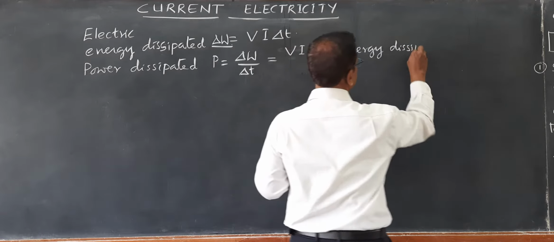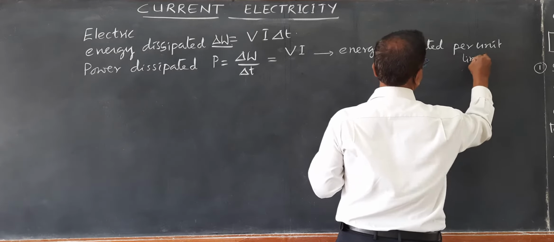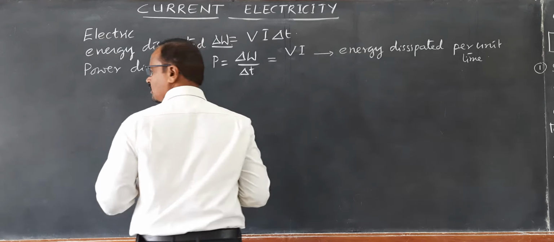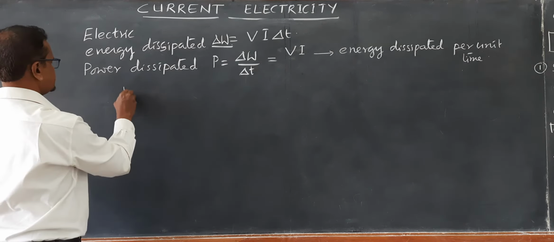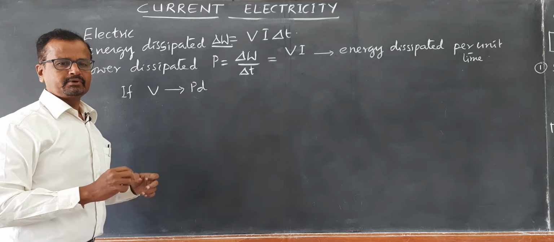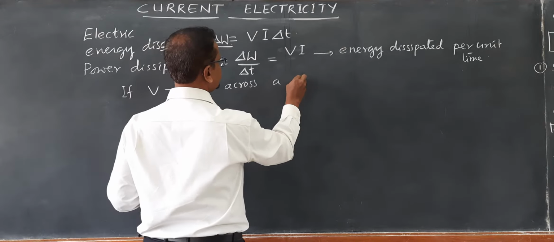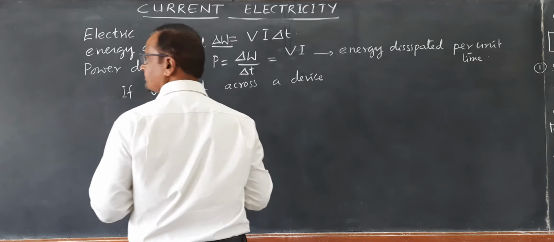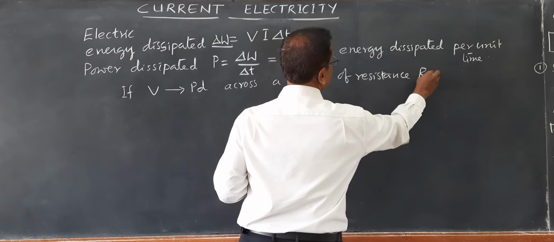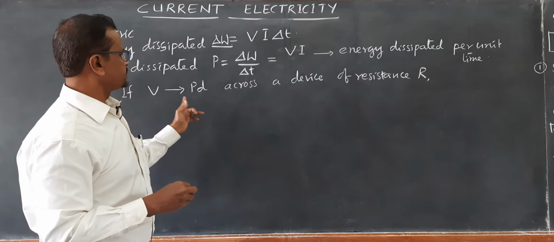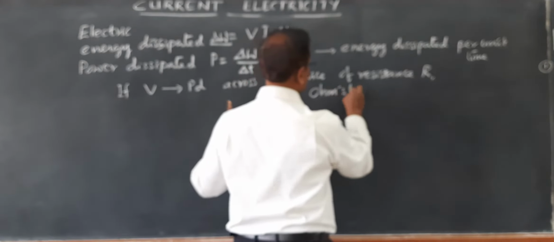So, we got power as energy dissipated per unit time. Using Ohm's law, if V is the potential difference across a device of resistance R, then what does Ohm's law say?